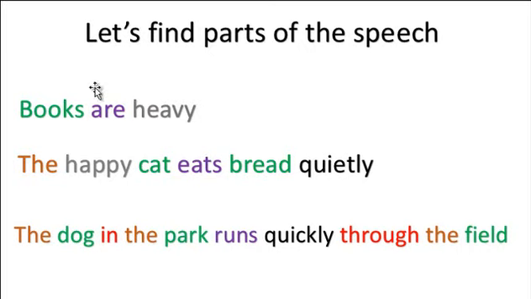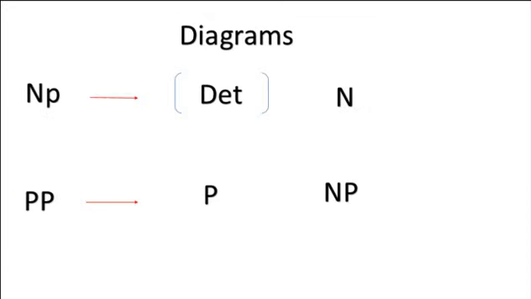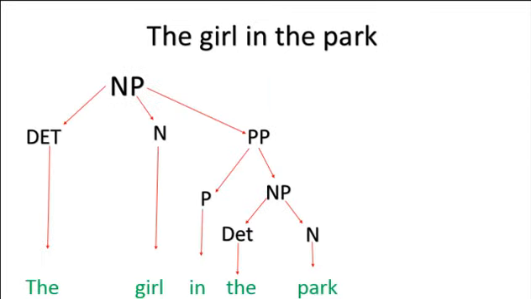And we are going to continue with the diagrams, and you are going to understand a little more. The diagram. We also use it in the noun phrase, determinate, and nouns. And preposition, you use it with preposition and noun phrase. Let's continue.